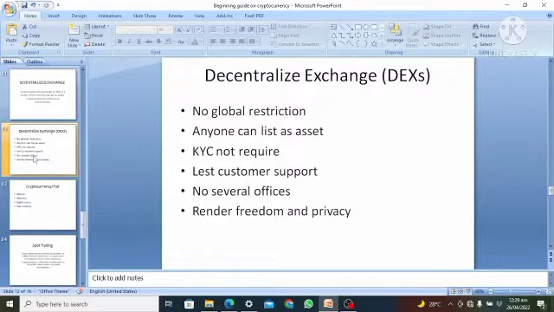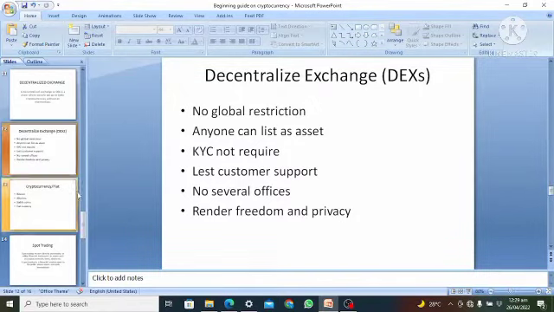There's nothing like global restriction because there is no office, nowhere to find. They do not have an office, so they don't have a problem with global restrictions.